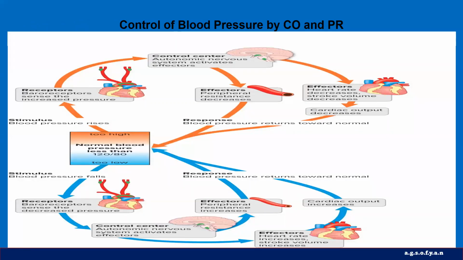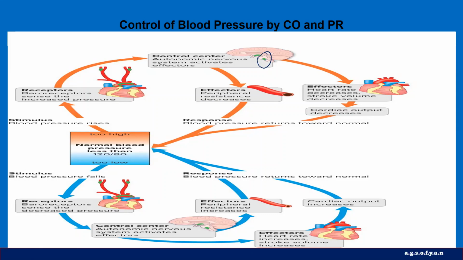Okay, this diagram shows us the control for the cardiac output, peripheral resistance, and also, of course, the control of blood pressure. Again, the control center is located here, in the area called the medulla oblongata.